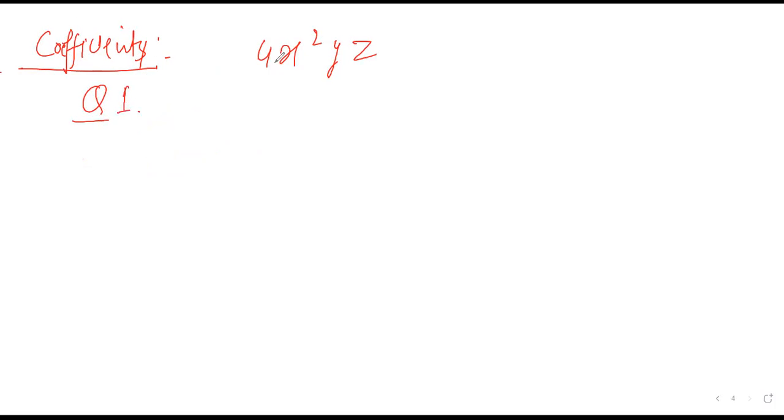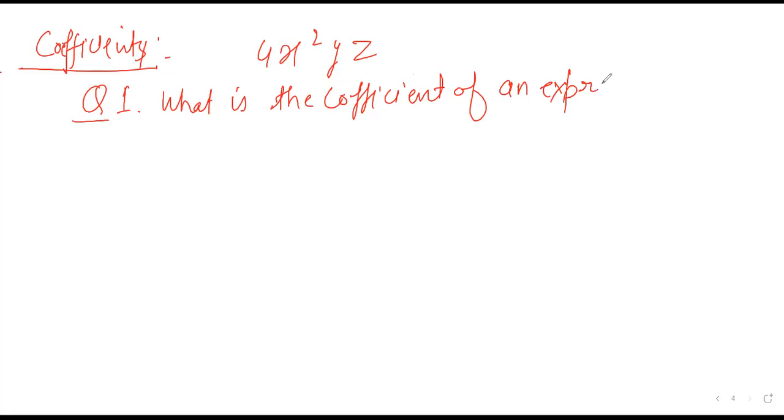Question number 1 in the same question: what is the coefficient of an expression? One question is of this type. Coefficient, or sometimes numerical coefficient, both are the same thing, of an expression. This thing, question number 2.